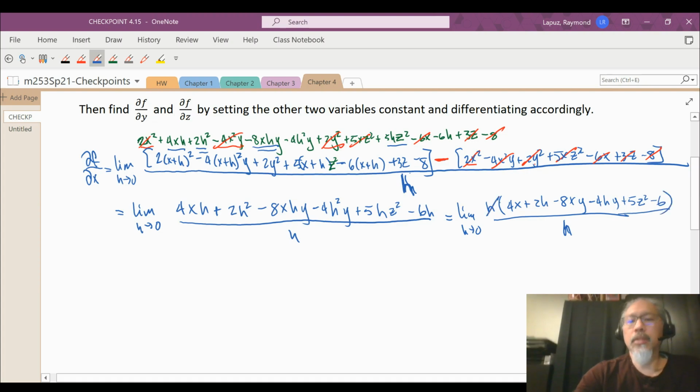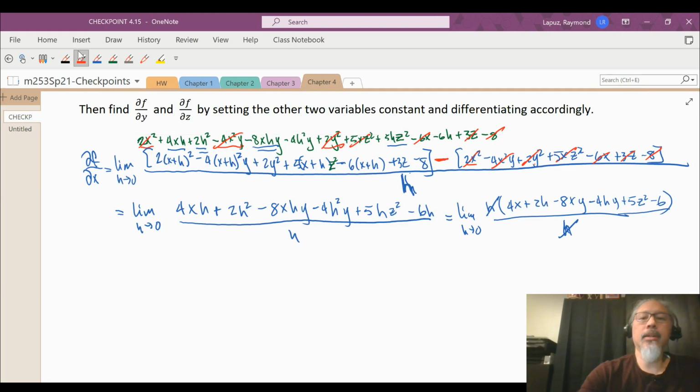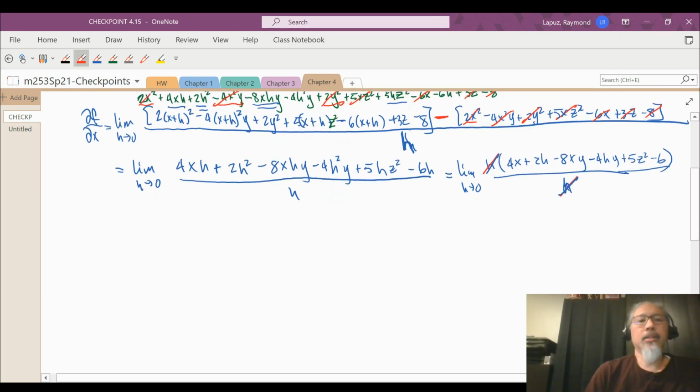All the h's are gone. And not only are they gone, but they're going to get canceled out with the h in the denominator. And now we can take the limit as h goes to 0. And as h goes to 0, all the terms with an h go to 0.